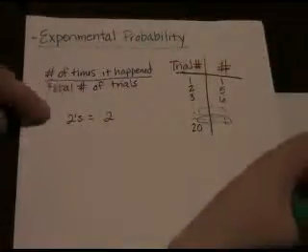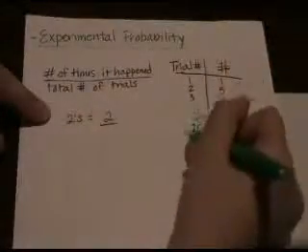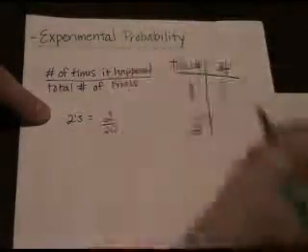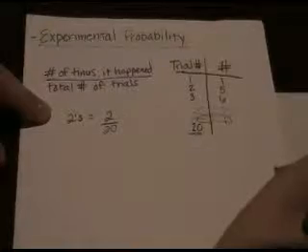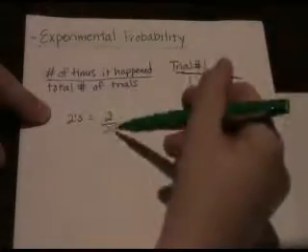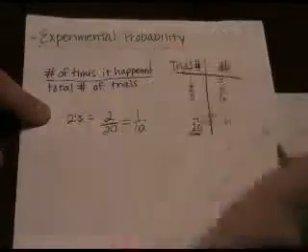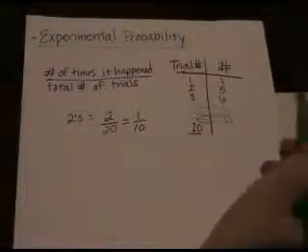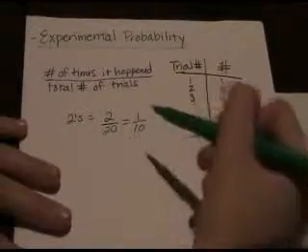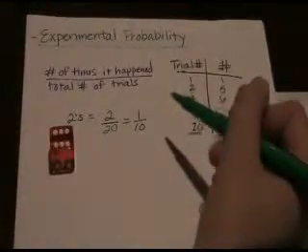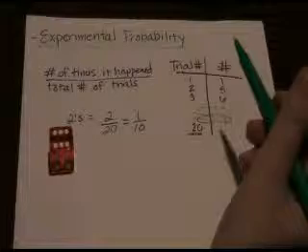And we say, okay, they showed up twice out of 20 total rolls. Then our probability, after we reduce it like we're supposed to, would be 1/10. So we would expect that out of every 10 rolls of our number cube, we would get one 2.